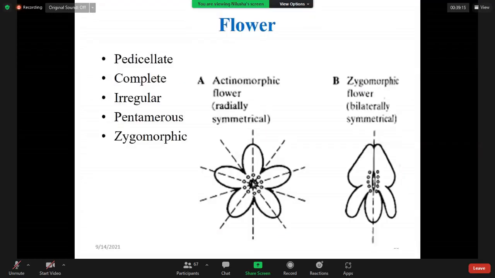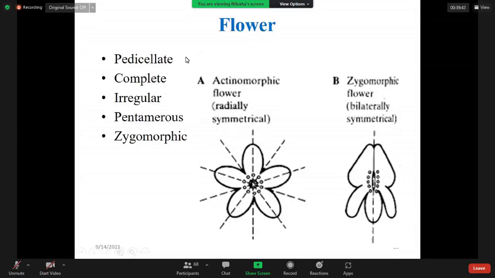Next, we will see the flower of the Fabaceae family. The flower is pedicellate. What is the pedicel? Pedicel means the stalk of the individual flower. The flower is attached to the branch with the stalk, and we call it the pedicel.